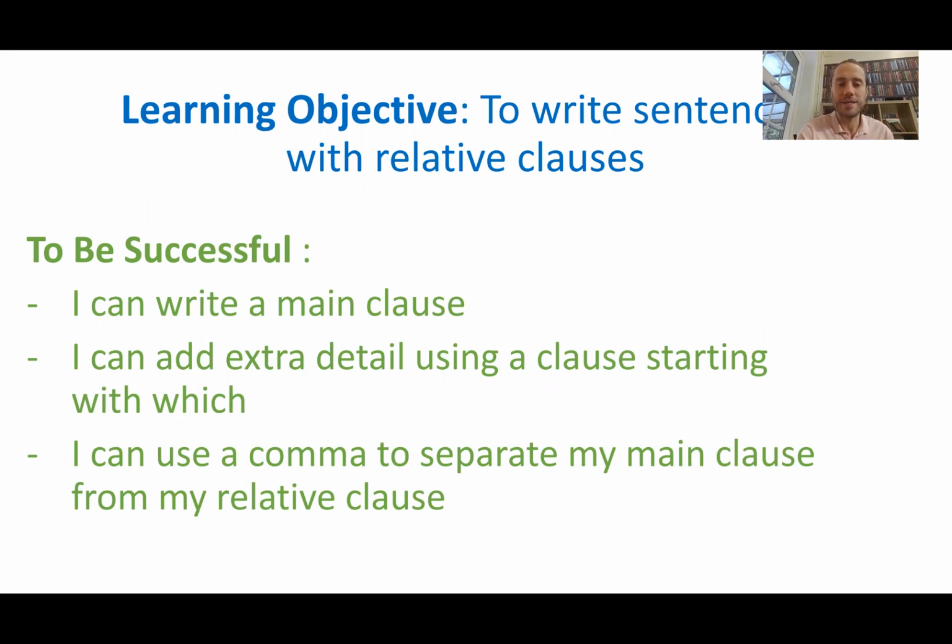After that, you're going to add some extra detail to the sentence using a clause starting with which. Now, which is a relative pronoun. So if it's got the word which or that, then you know that you're writing a relative clause because it's got the relative pronoun. And finally, you're going to make sure you've got a comma to separate the main clause from your relative clause.